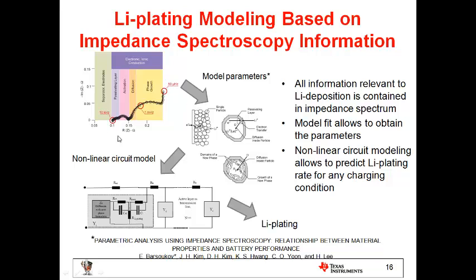So from this spectrum, we can go to the physical model, and that physical model allows us to get the parameters that correspond to each process, which we then plug into a nonlinear circuit model, which also contains lithium plating as one of the components. So now we can find this compromise between the flow through the diffusion and the flow through the lithium plating, and find how much lithium plating will happen at different rates and conditions.